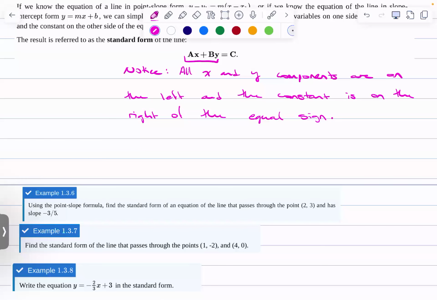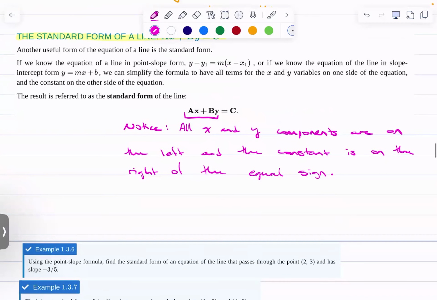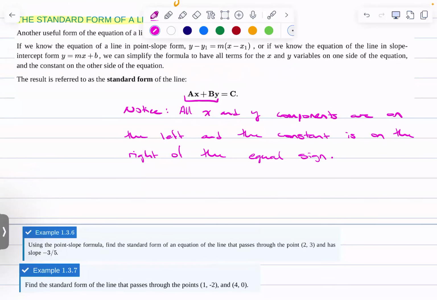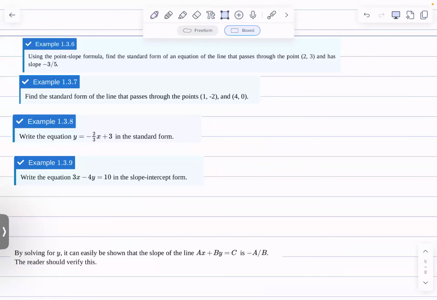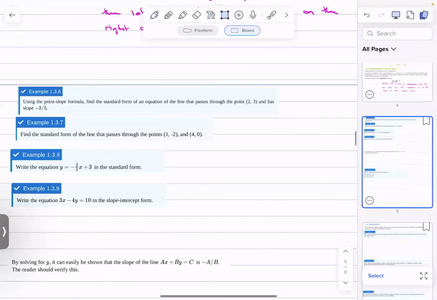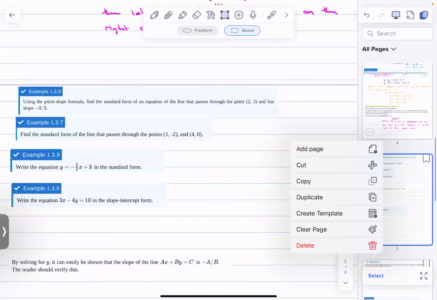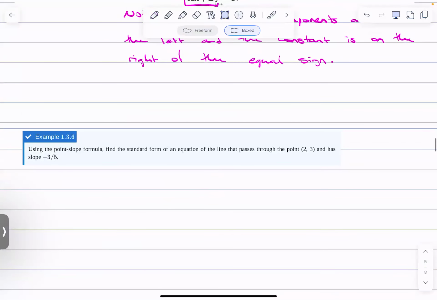Let's see here. Let me add a page. Feel like I got too cramped here.